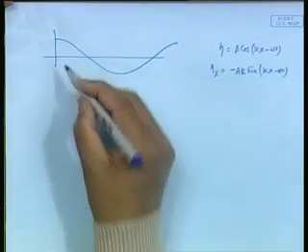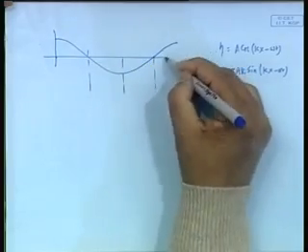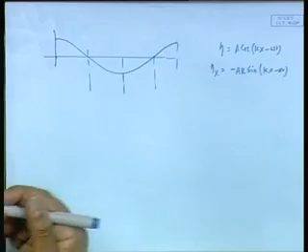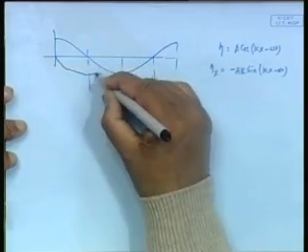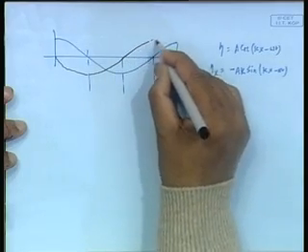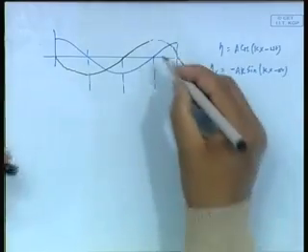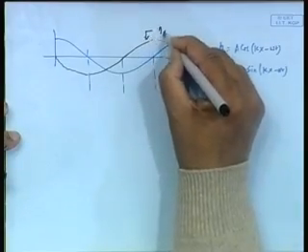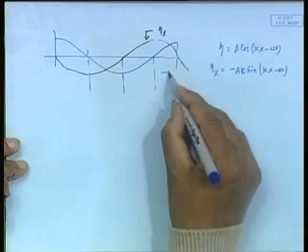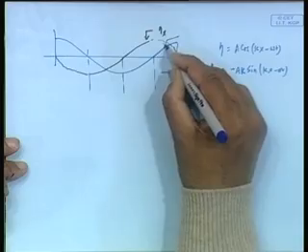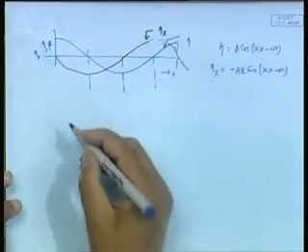So this will be minus k, and a minus sine will look like this, right. This is my eta x, this of course is t, and this is my eta. Okay, this is right.